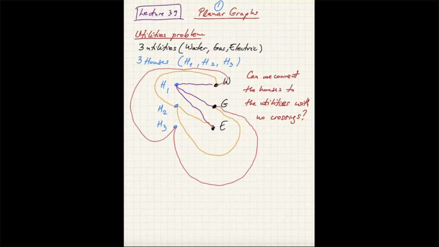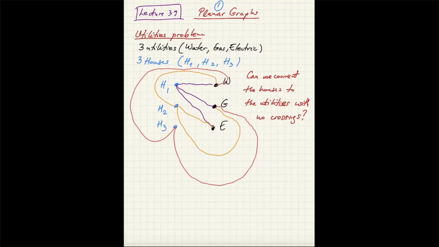But it seems like this electricity and house three, if we try to connect them by any curve, you're going to end up crossing one of the golden connections. You can try here, but you run into trouble there, for example. So it seems like this is not possible, and that's indeed the case.